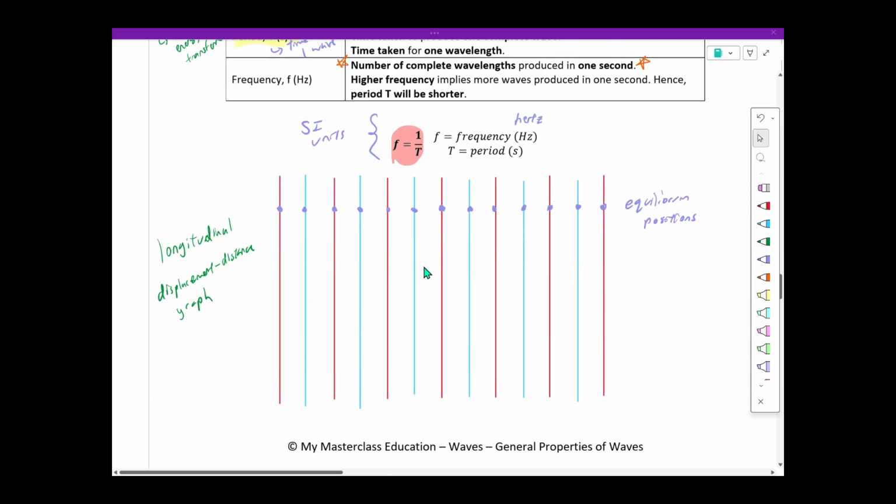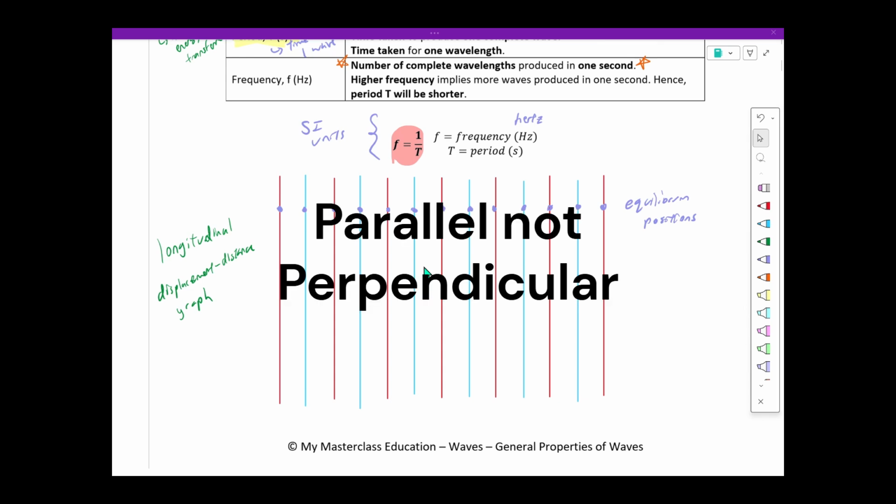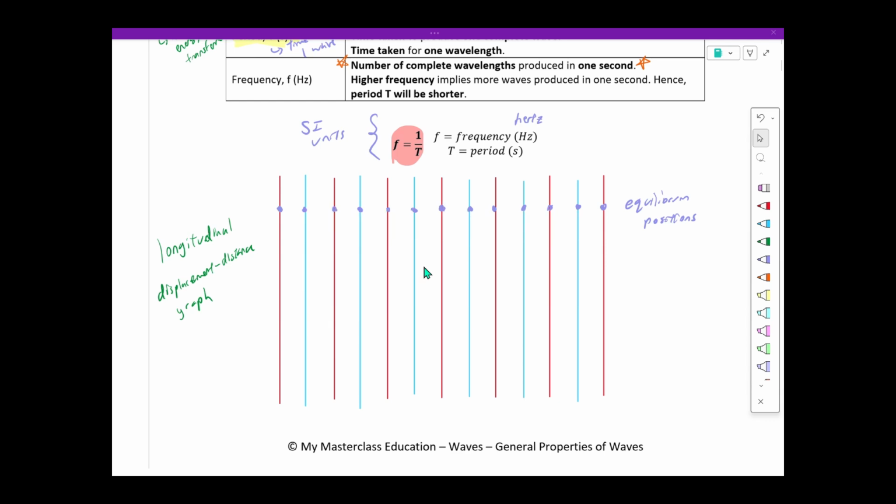However, the way that the longitudinal wave moves, because we know that it's in the parallel direction itself, how do we draw a displacement-distance graph in that sense then? Okay, so basically what we're gonna do is draw 13 lines with equal spacing between them. You see all these purple dots? They represent the particles when there is no wave causing them to move about their position.